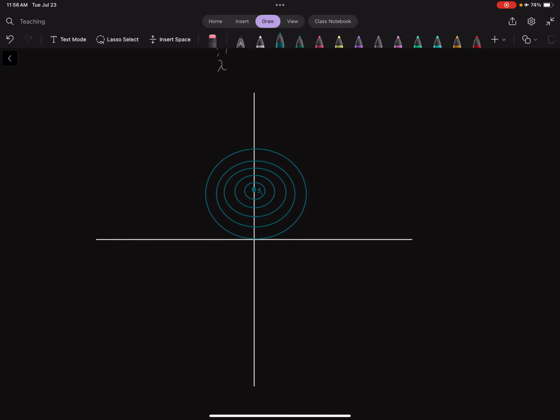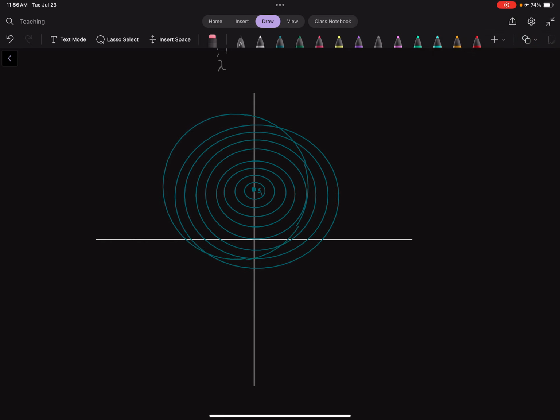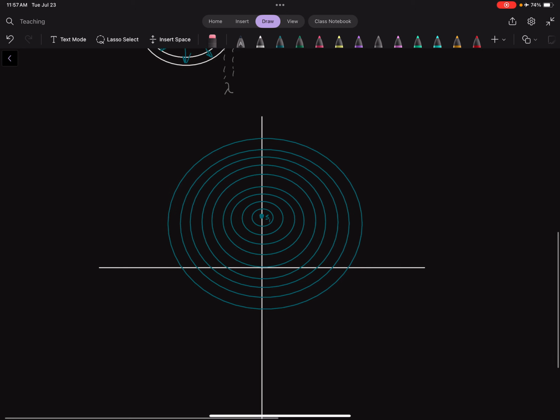Right? It's going to be kind of a cool picture when we bring the other one into view, if I can do this well enough. Certainly won't be perfect, but all right, a few more.